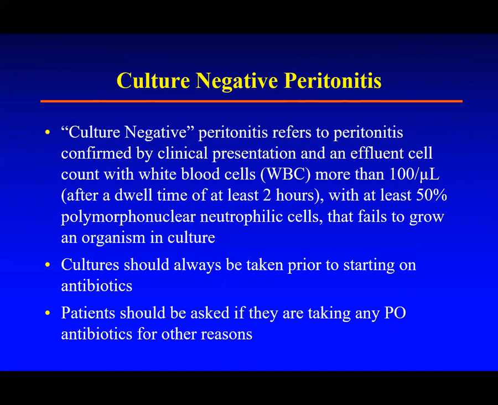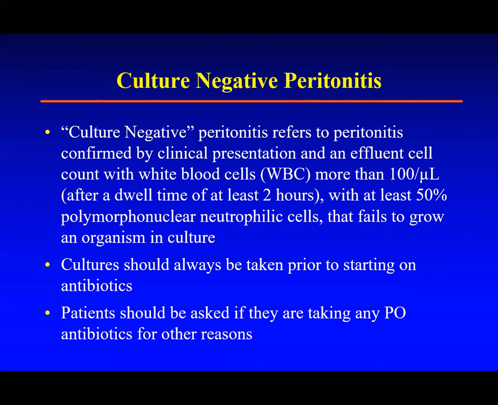As I already mentioned, culture-negative peritonitis, i.e. peritonitis confirmed by clinical presentation and the presence of a white count in excess of 100 with at least 50% polys after a dwell time of 2 hours. When those are present, but the culture fails to grow, it is nevertheless considered an episode of peritonitis.